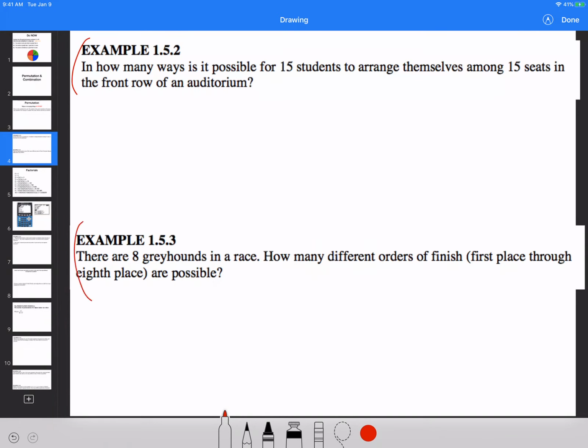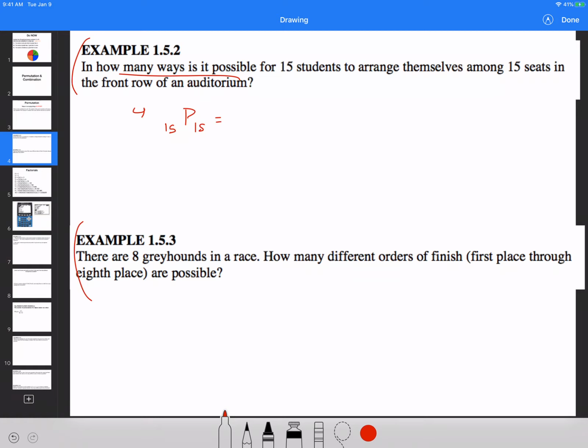Pause the video, and please try doing these two questions for me. Okay, so here, how many ways is it possible for 15 students to arrange themselves among 15 seats? Now, this was one of those examples I shared with you last week where you're arranging 15 people in 15 different spots. So it'll be 15P15.